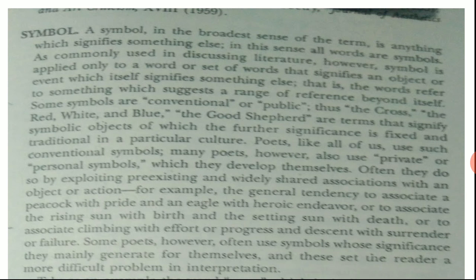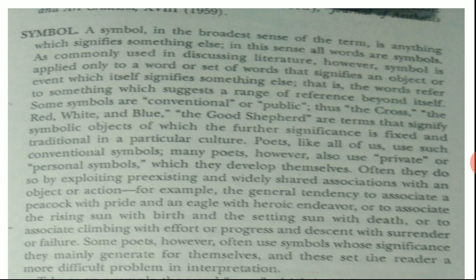Now there are two types of symbols: conventional or public, and private or personal. Conventional or public symbols are those symbols which, because of the continuous use in that framework, become very easy to understand.